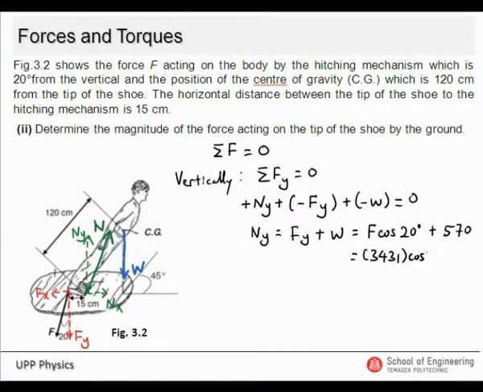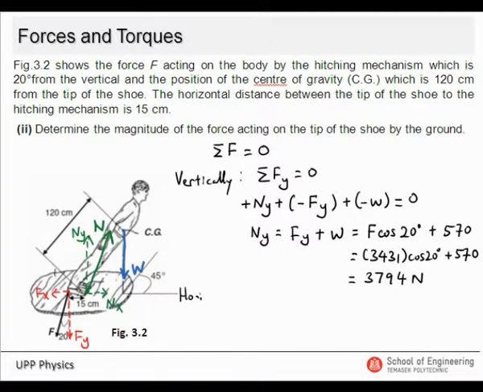So 3,431 cosine 20 degrees plus 570. So the vertical component of the contact force will add up to be 3,794 Newton. This is only one component of the contact force N. We have to proceed to find the horizontal component.